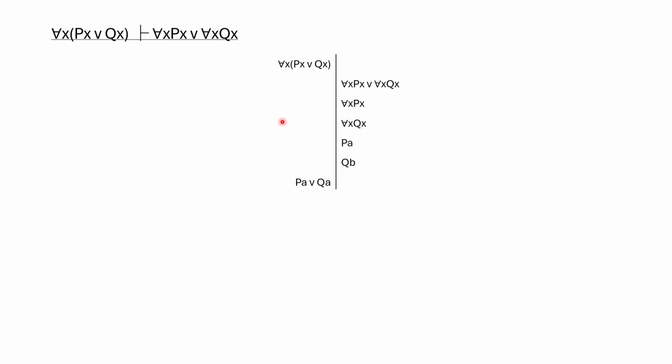So we're going to get rid of this universal quantifier and input an A as a constant where the x's are. And now I've got a wedge statement. Where's a wedge statement true? Well, it's true where either side is true, so PA or QA. And look, there's a PA on the left, there's a PA on the right. That's going to close, so I don't have to do anything else here.